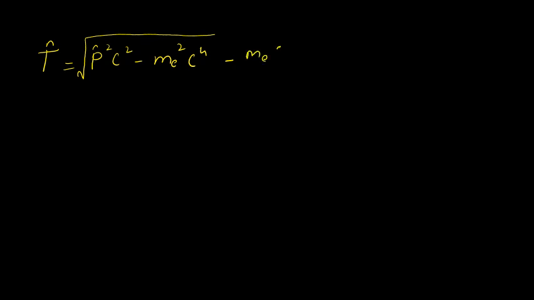So the relativistic correction to the kinetic energy of the electron can be written as T = √(P²C² + Mₑ²C⁴) − MₑC².